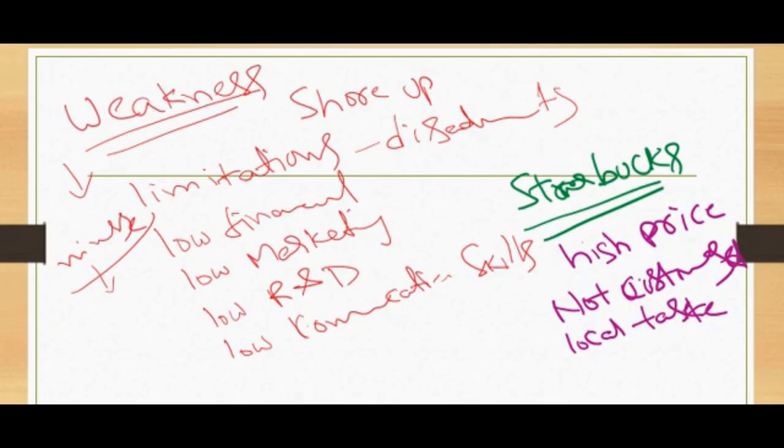So now let us recap weakness. So we need to limit, reduce, minimize, right? So you may have low marketing skills, low R&D skills, low communication skills. These are all disadvantages and limitations.